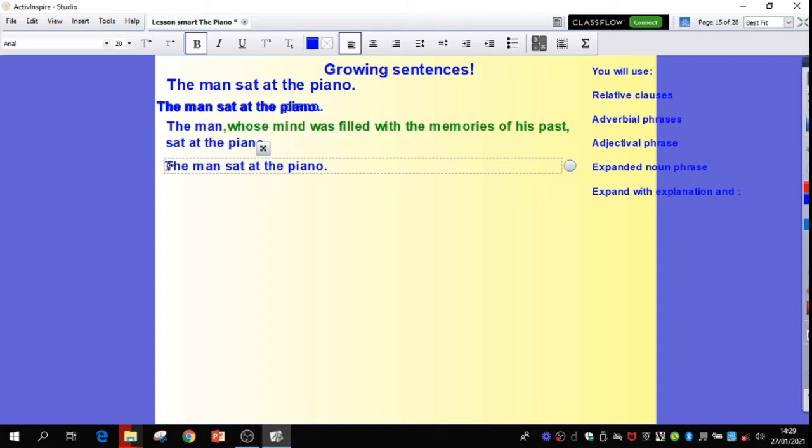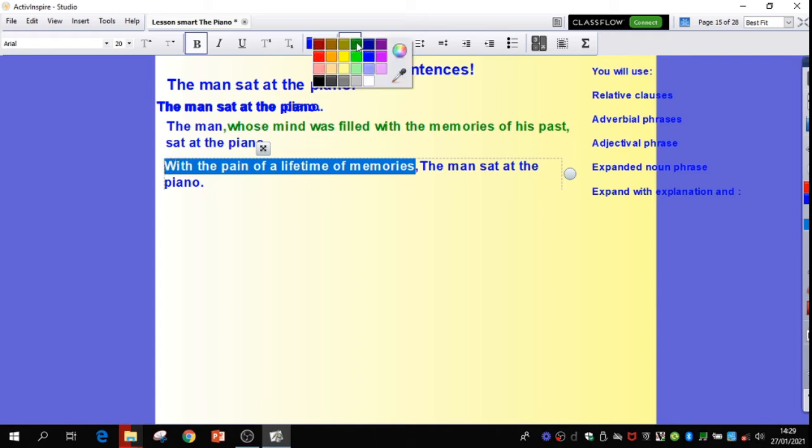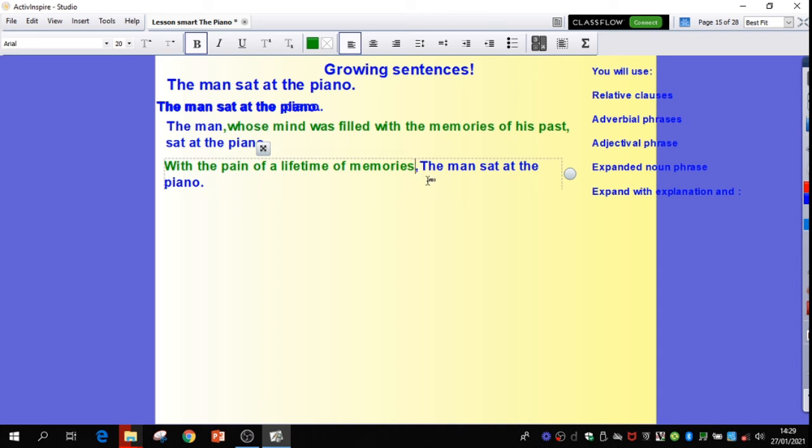So let me see. With the pain of a lifetime of memories. Now you're all shouting at the screen, it's not in green. Yes, I know that. I'll just put it in green now for you, so you can see which is the bit I've added. So, with the pain of a lifetime of memories, comma, the man sat at the piano.